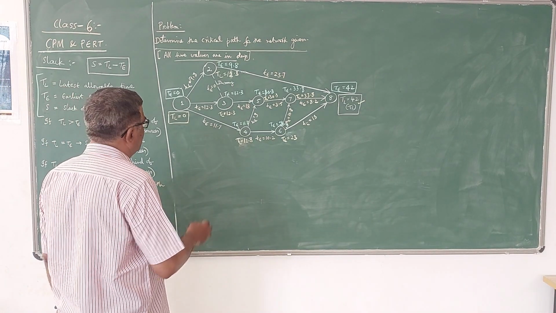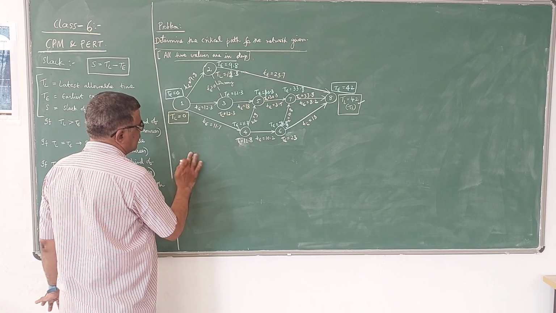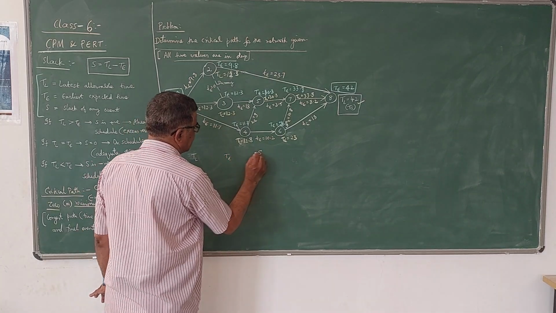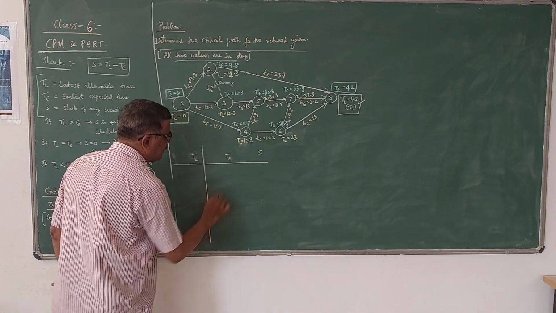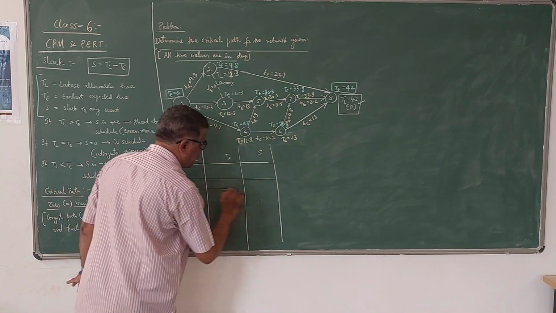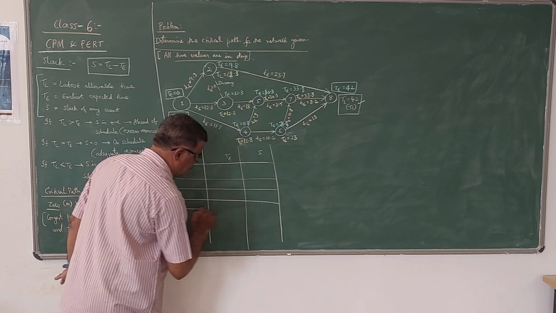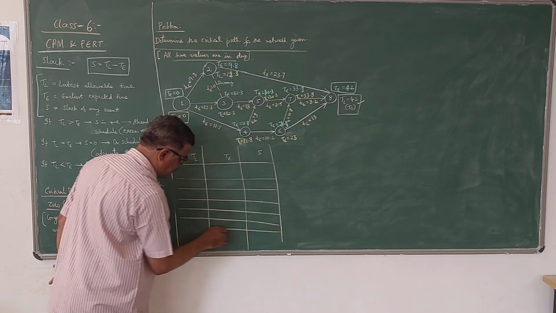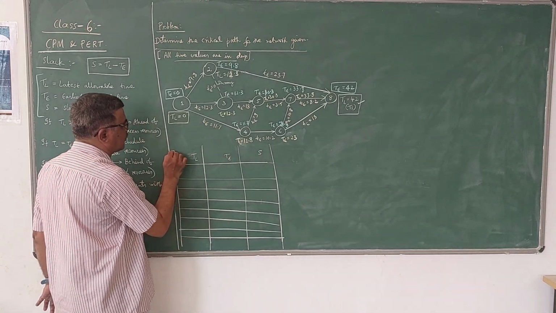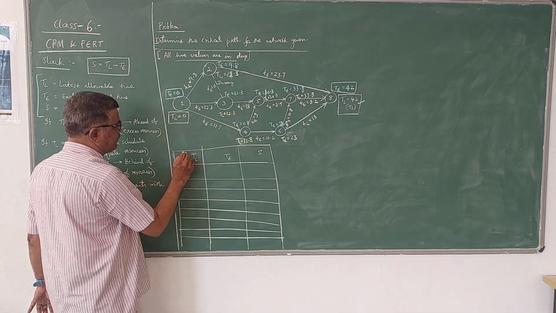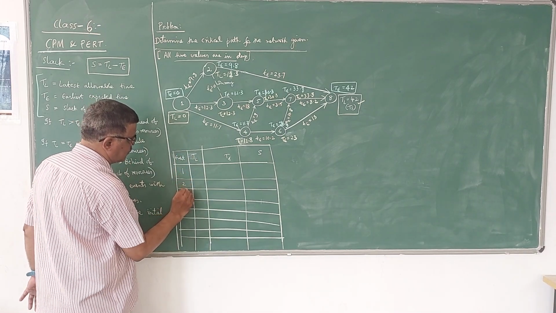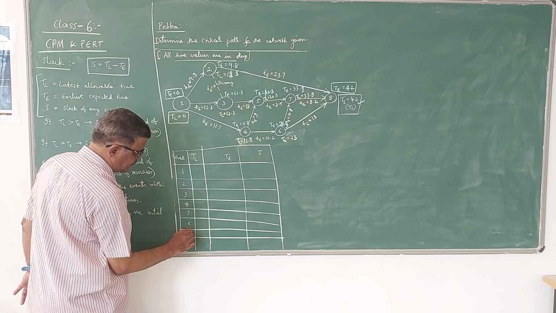Put a table with columns TL, TE and S. So totally how many events are there? 8 events are there, so 8 rows: events 1 2 3 4 5 6 7 8.